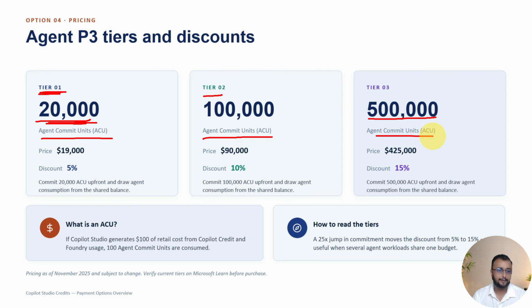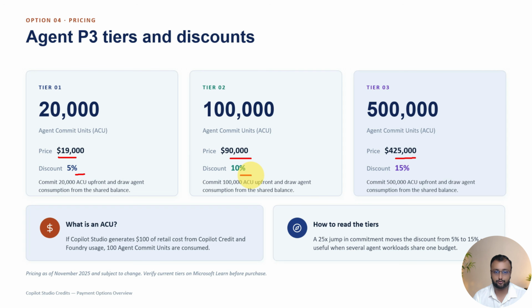And what's the pricing? For tier 1, the pricing is $19,000, tier 2 is $90,000, and tier 3 is $4,25,000.